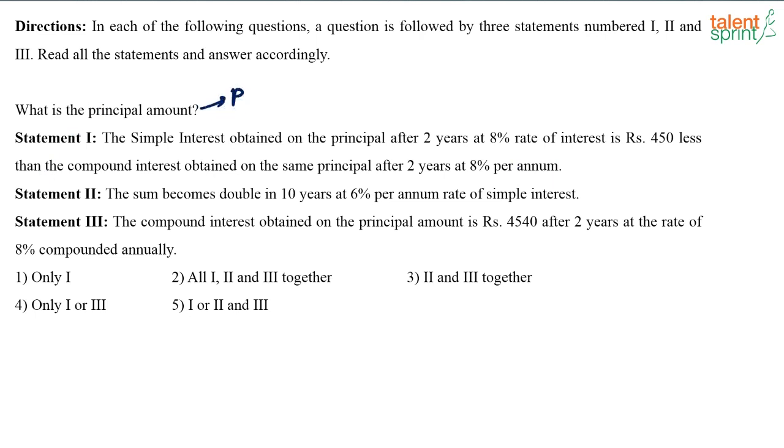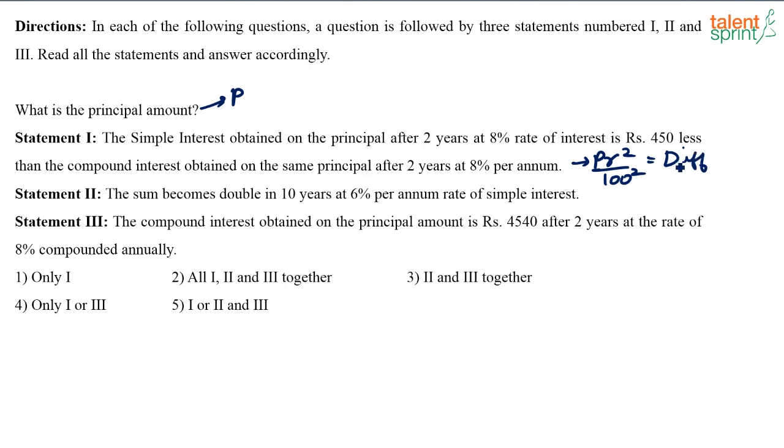The first statement gives us the difference between simple interest and compound interest for a period of 2 years. It can be calculated using the formula PR squared by 100 squared. That is, for 2 years, the difference between simple interest and compound interest is given by the formula PR squared by 100 squared.